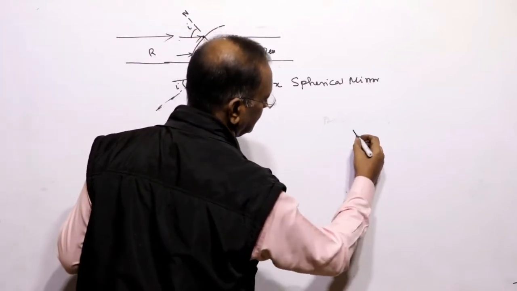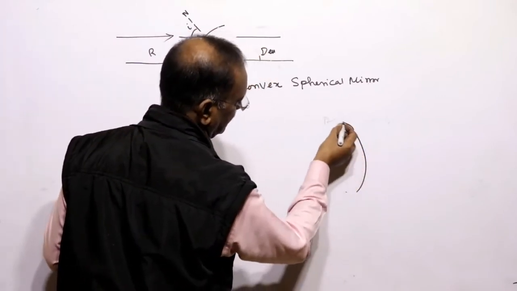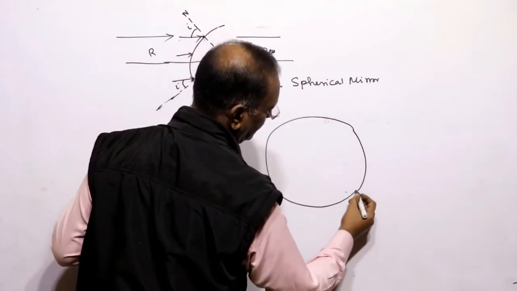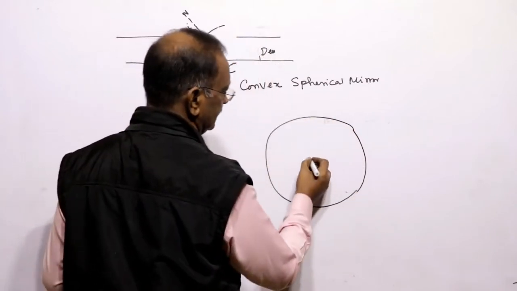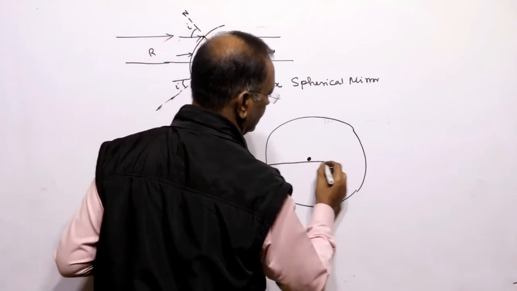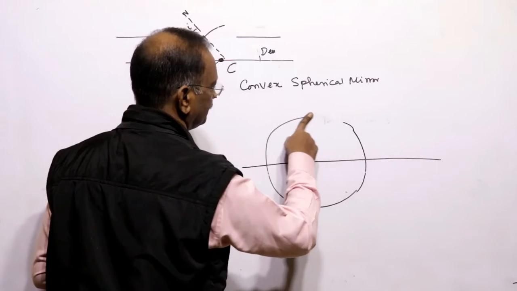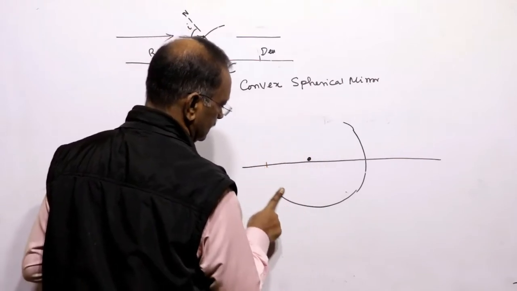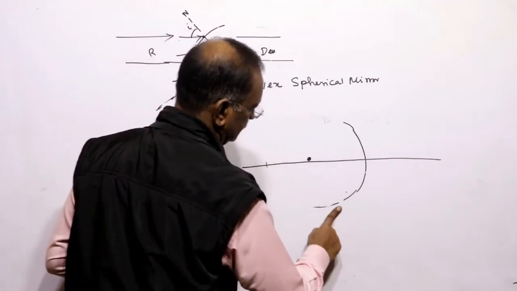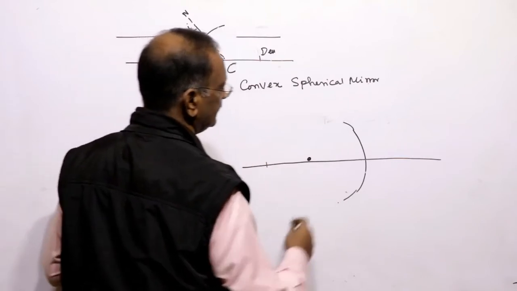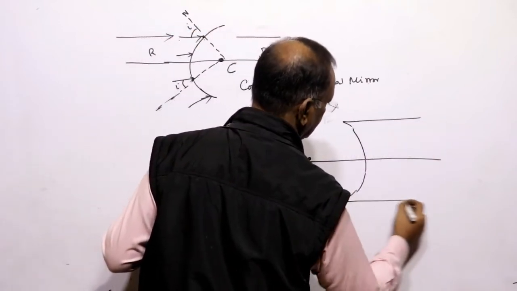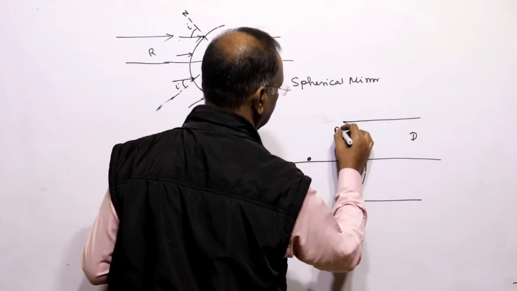Now we take a spherical surface here, and here this is the center of curvature. We draw the principal axis like this, and we remove this portion. This portion is denser and this is rarer.